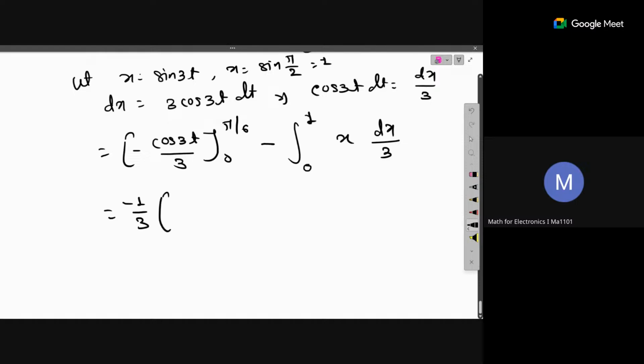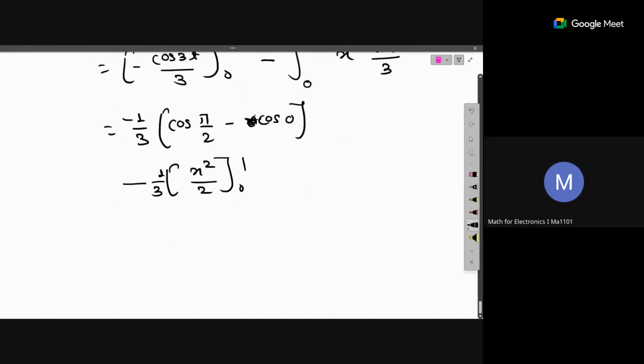So now this is the same as minus 1 by 3, I'll take common and apply the limits. It will become cos of pi by 2 minus cos of 0, and then minus 1 by 3 again, with x square by 2 from 0 to 1. We know that cos of pi by 2 is 0 and cos of 0 is 1.